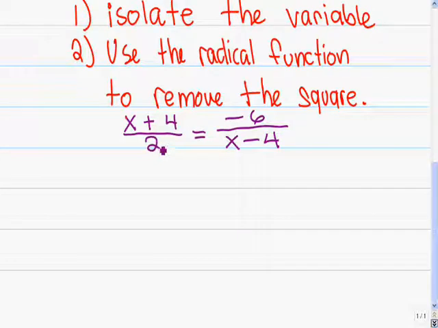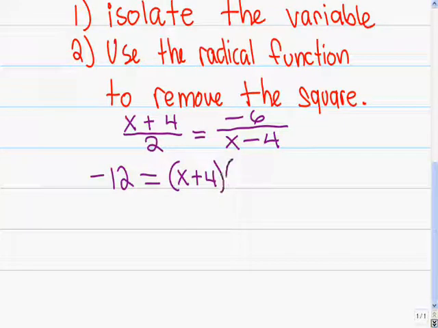I'm going to multiply the 2 times the negative 6. That's going to give me negative 12. And I'm going to multiply x plus 4 times x minus 4.